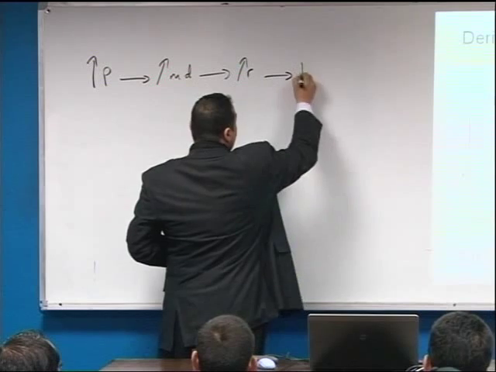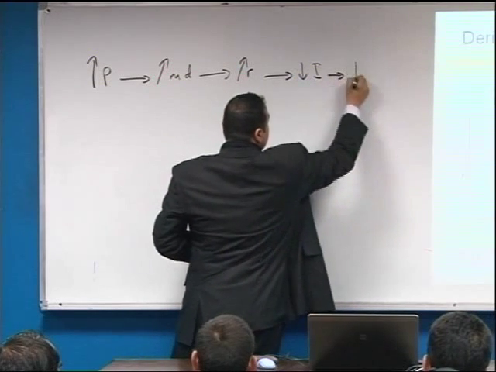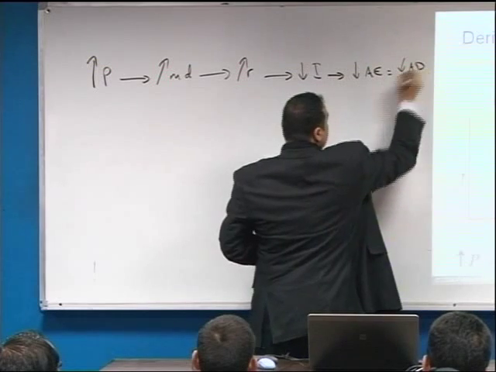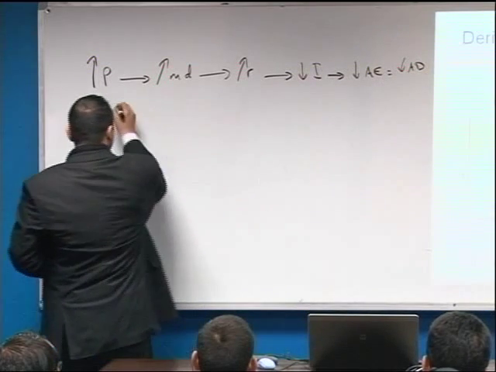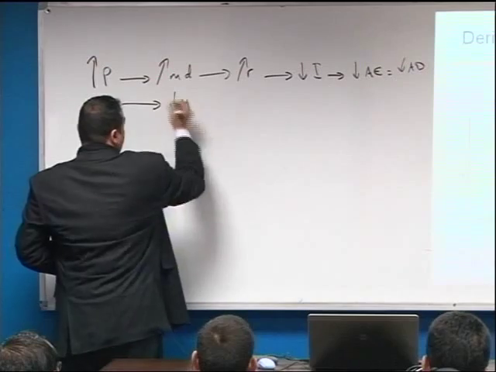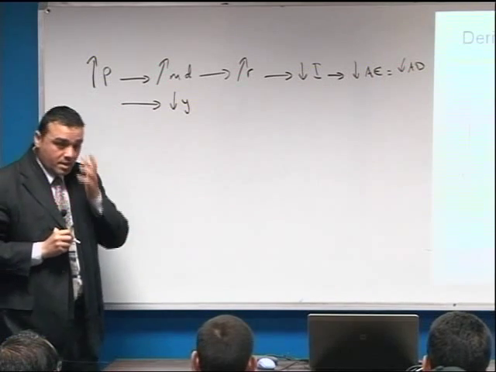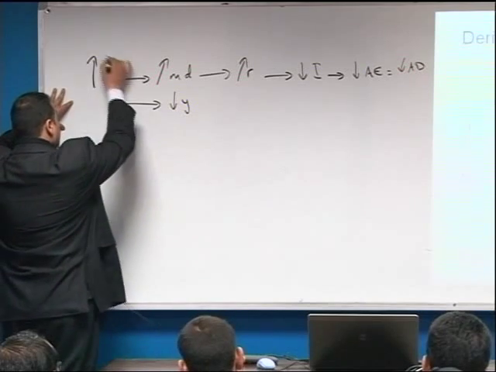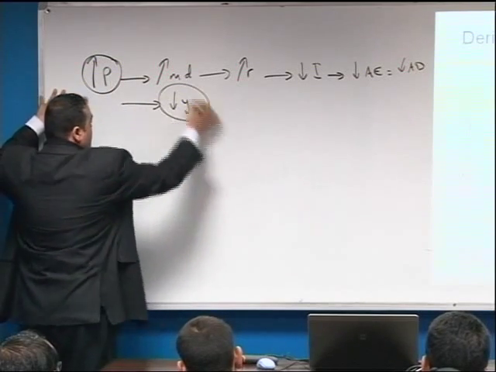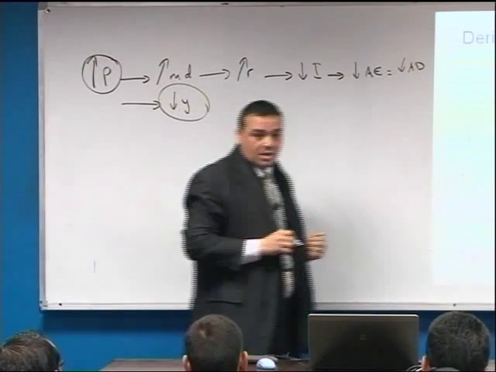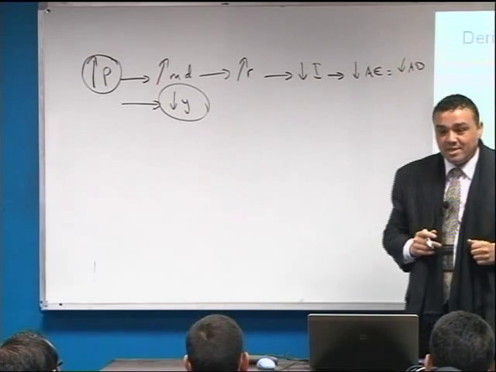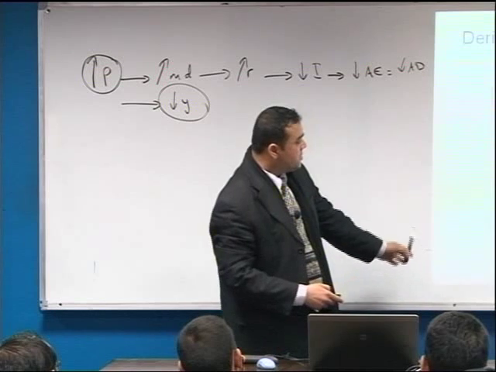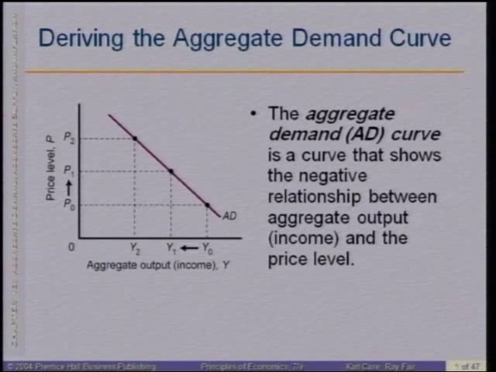A decrease in I decreases aggregate expenditure or aggregate demand, and decreases Y. So, in general, we have a negative relationship between the prices and the aggregate output, which is illustrated by the aggregate demand curve. This is the shape of the aggregate demand curve.